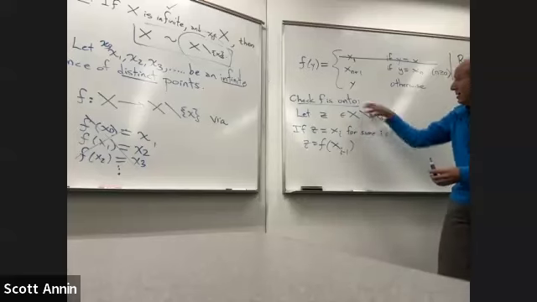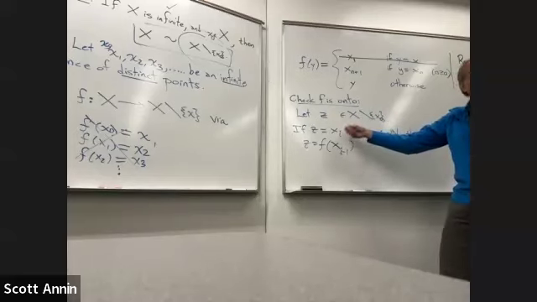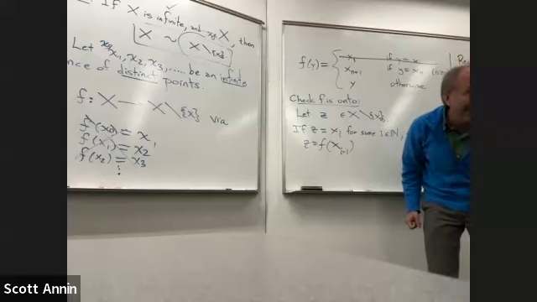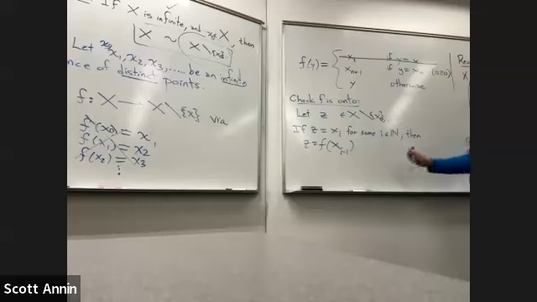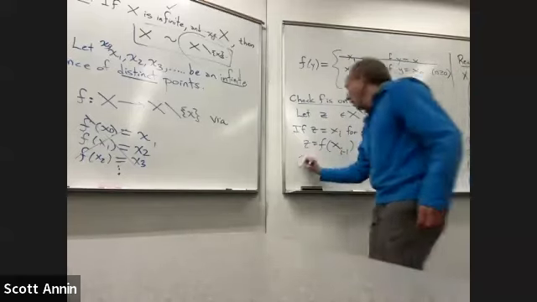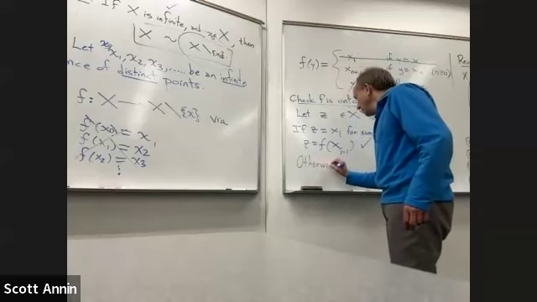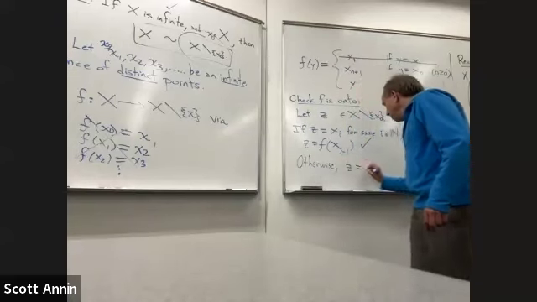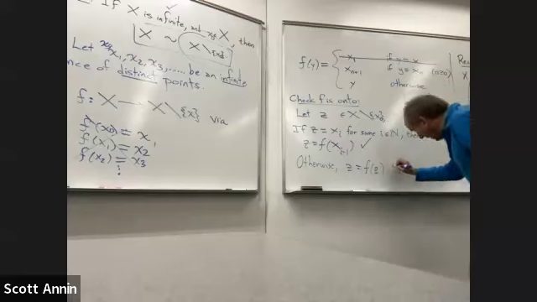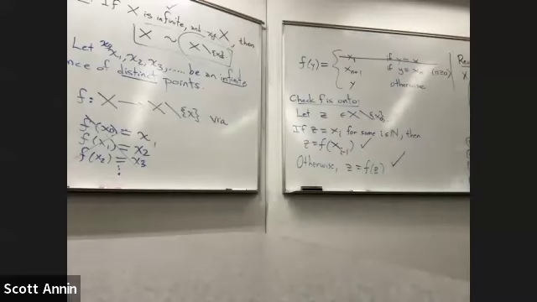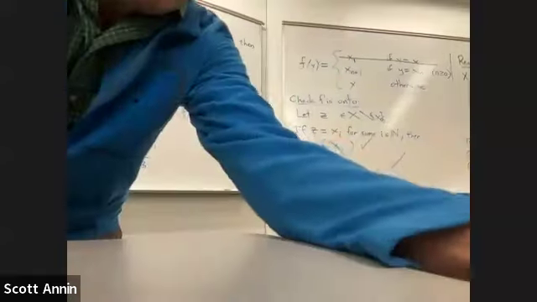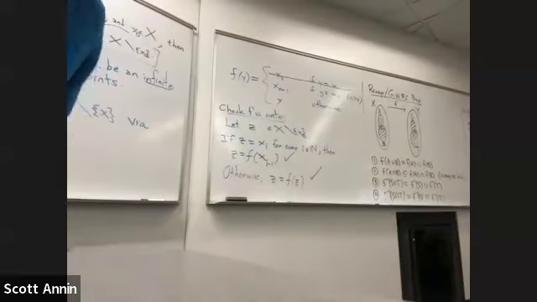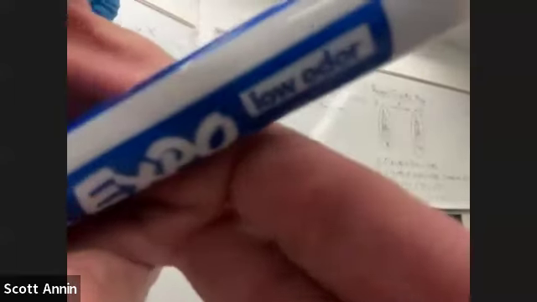So if z is going to be in this set, it could be x1 or x2 or x3, but it's not x naught, right? You've removed x naught from this codomain, right? So this is great. So we put a check mark there, and then we just say otherwise, z is just f of z, and that's also a check mark on that. So f is onto, and that would basically write it up for you there. Okay? Does that make some sense?